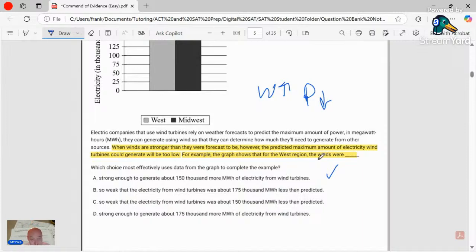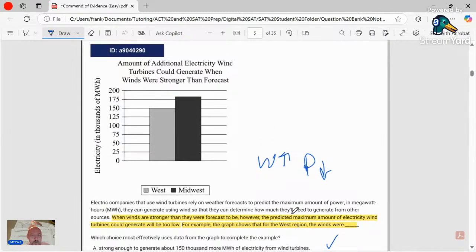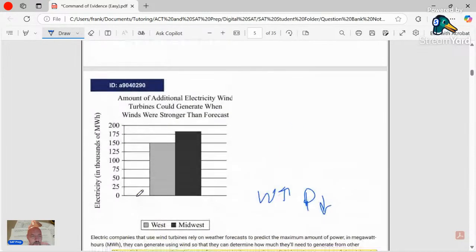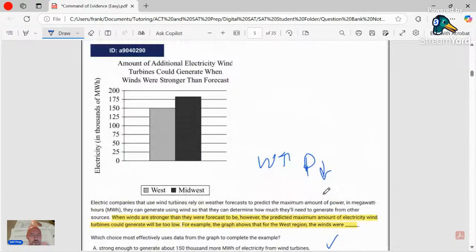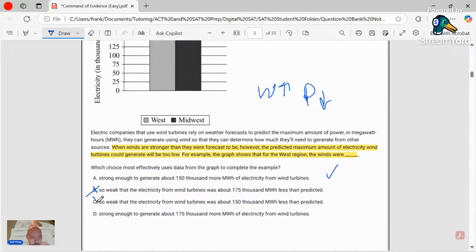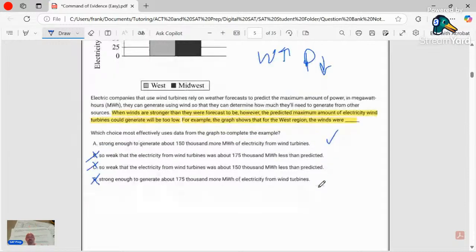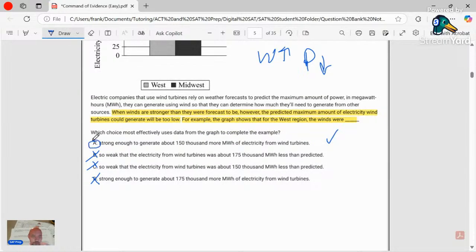So weak that the electricity of wind was about 175,000 less. Well, no, that's wrong. So weak that the electricity of wind was 150,000 less. That's wrong. Strong enough to generate 107,000 more. Well, that's wrong. Okay, so I don't know. I'm not really seeing the connection here, but I know that A is the only one that's accurate to the table. So sometimes I would say on these table data ones, check out which ones are accurate first. But in this case, I got to that step anyway because they all seem to answer the question.